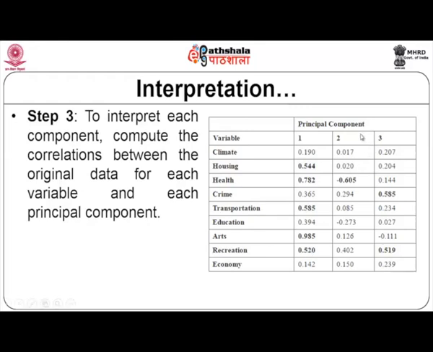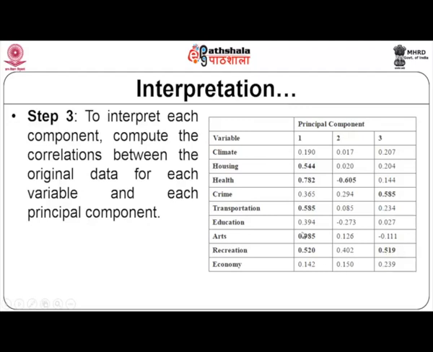Along the second component, you can see a larger negative value, minus 0.605. A larger negative value here indicates that health, if it is going to be a negative value, then that place may not be suitable for residence purpose. And along the third component, you can find crime and recreation are having higher value, which means a place that has more crime also contributes to more recreation in that particular environment.